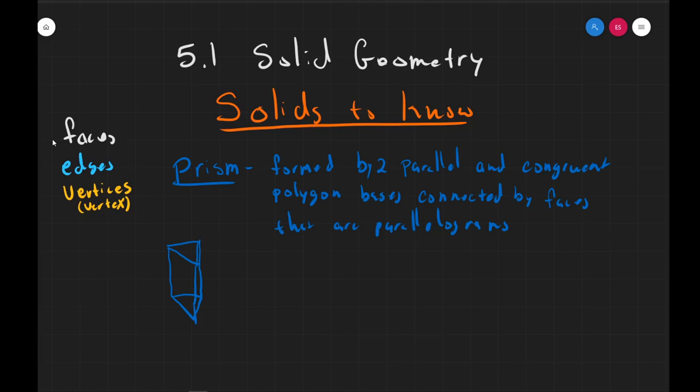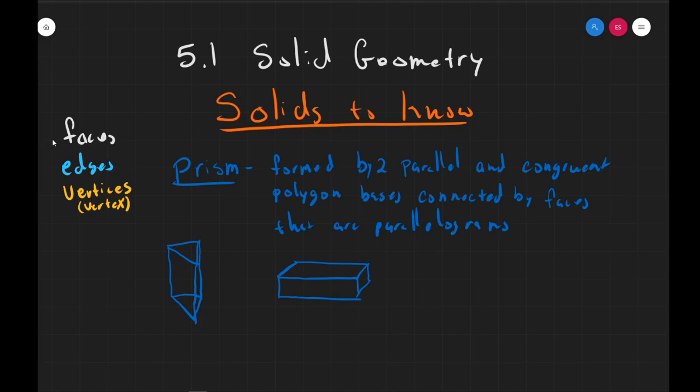Or if you have a rectangle, and then that rectangle comes straight down, we have a prism. So we have a rectangular prism.